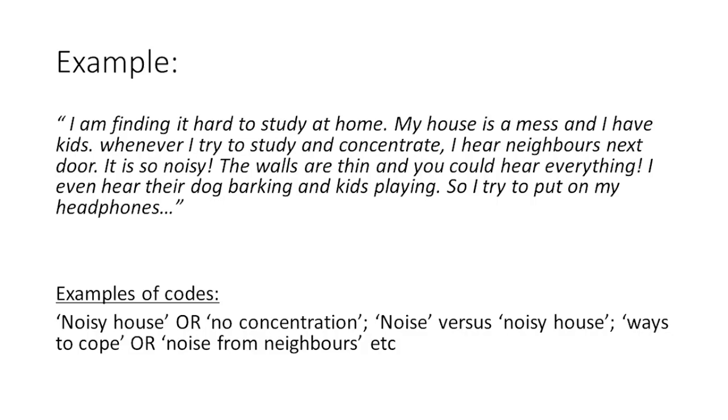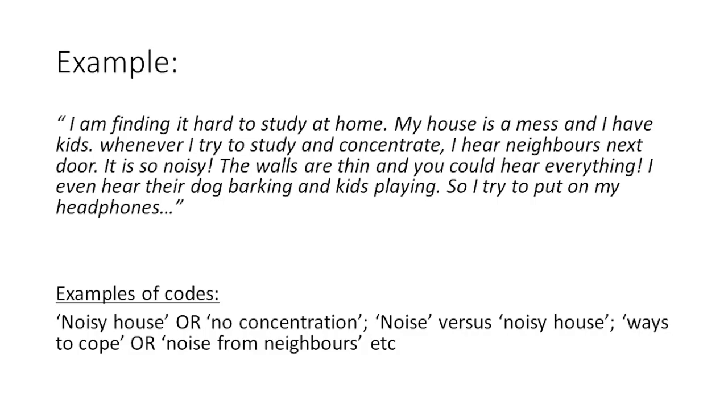Let's take the first one, noisy house or no concentration. In the noisy house, we could see the analytic angle bearing on the extract of data. If I was looking at some sort of factors that I could associate with housing and people, I may decide to put in, oh, this is about noisy house.